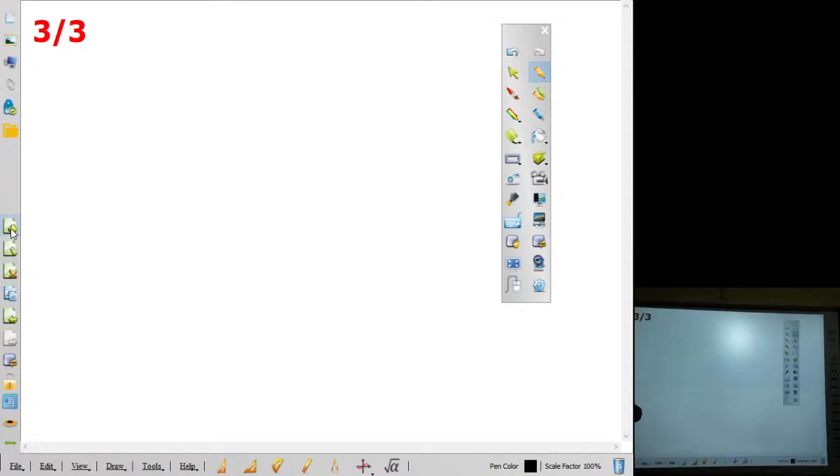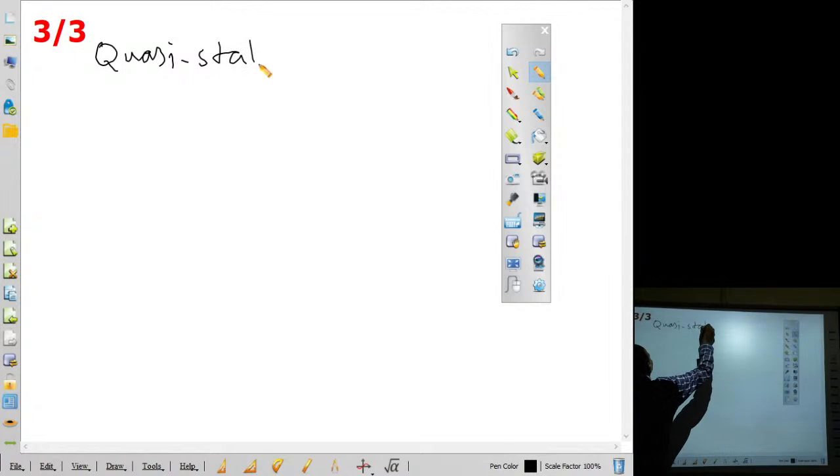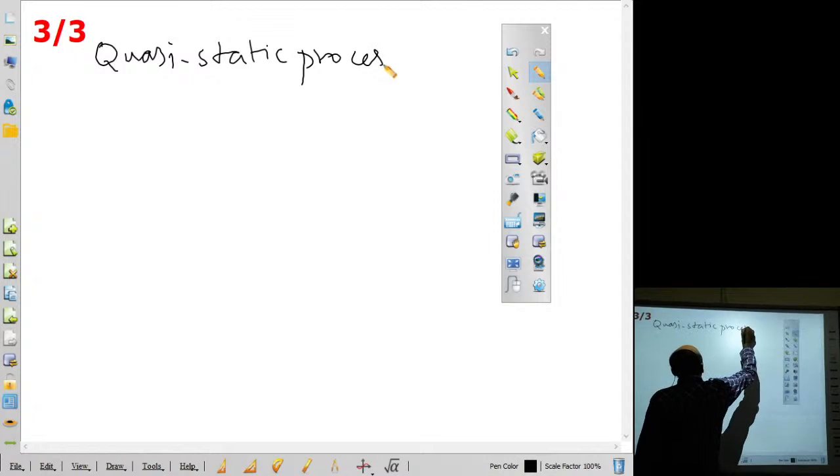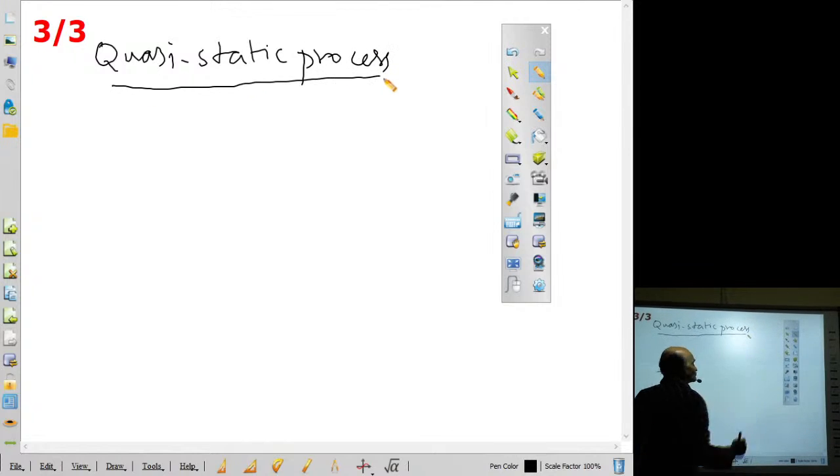So the next is quasi-static process. Okay. Now, quasi means partly, not fully.